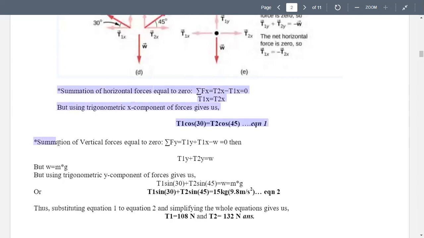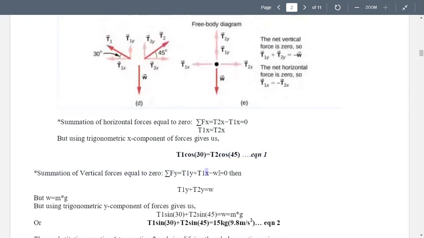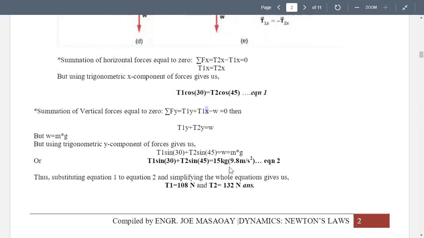As you can see here, I'm going to highlight this one. The summation of vertical forces is equal to 0. So the summation of Fy is equal to T1y plus T2y minus W, where W is the weight of the traffic light, equated to 0. So it becomes T1y plus T2y is equal to W.